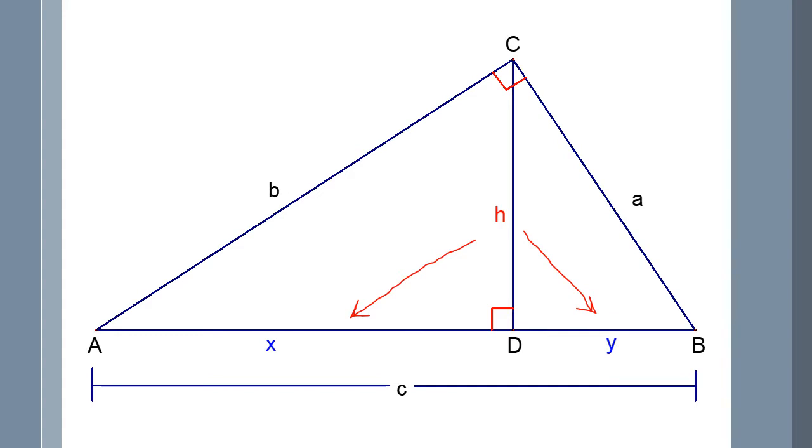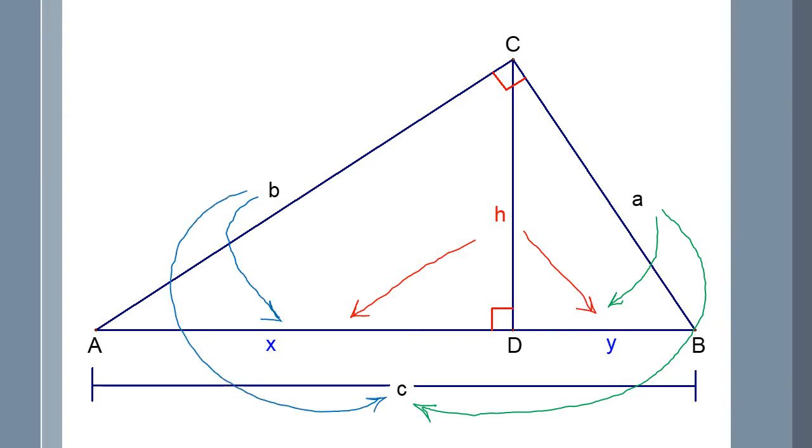A is going to be the geometric mean between y, the segment that's by it, and the hypotenuse of the large triangle. B is going to be the geometric mean between the other segment and, again, the length of the hypotenuse of the large right triangle.